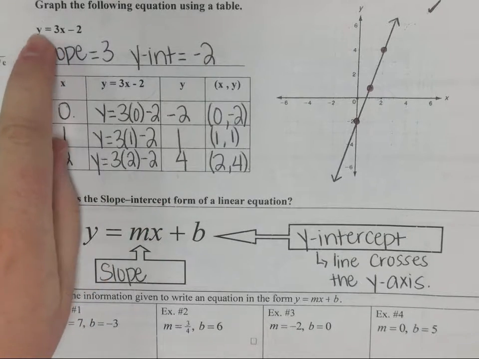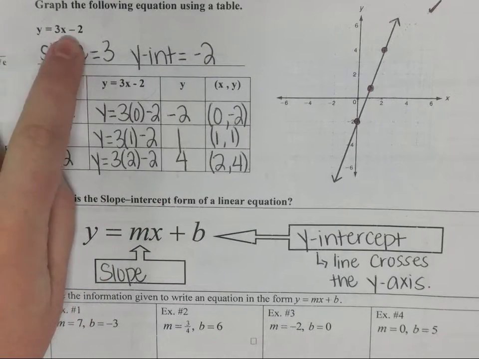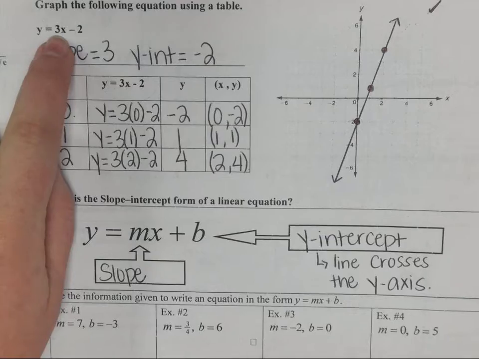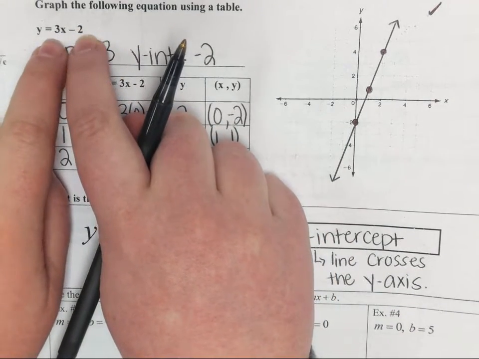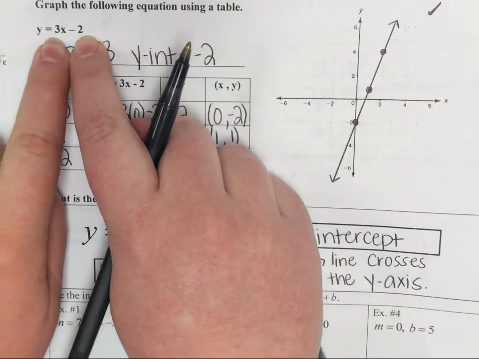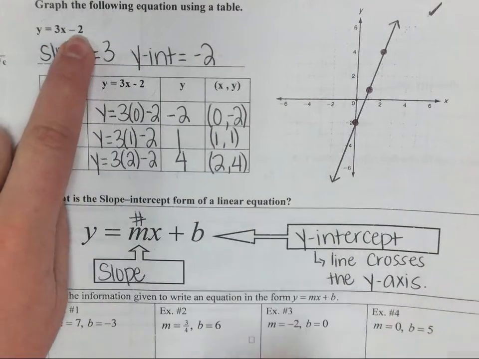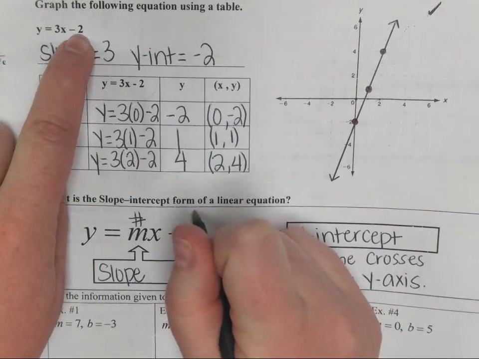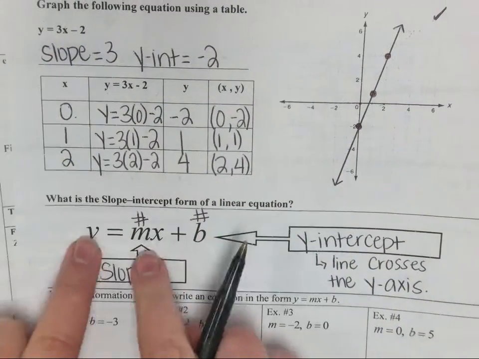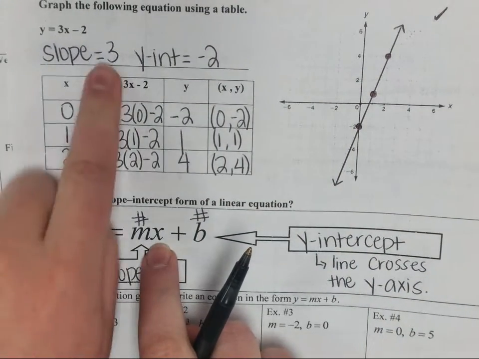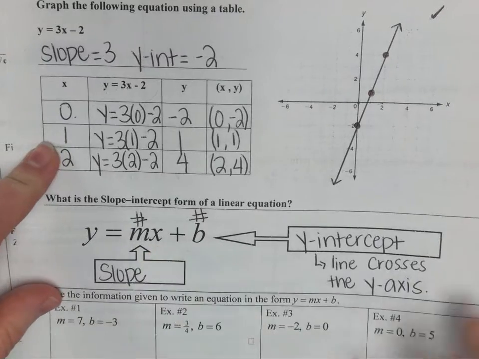So right here in this equation, do we have numbers plugged in for y and x? Oh, it's m and b. M and b already have numbers in place. So whenever we have an equation in slope-intercept form, there's always going to be a number in place of m, and there's always going to be a number in place of b. Y and x are going to stay y and x, except when we do our tables, okay?